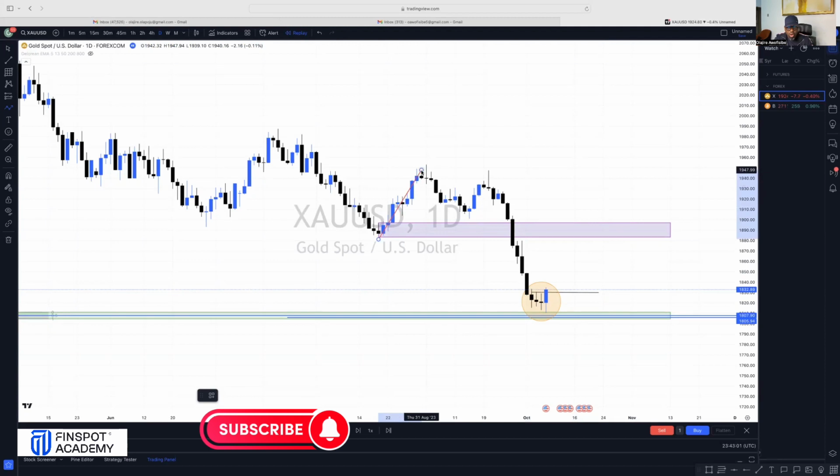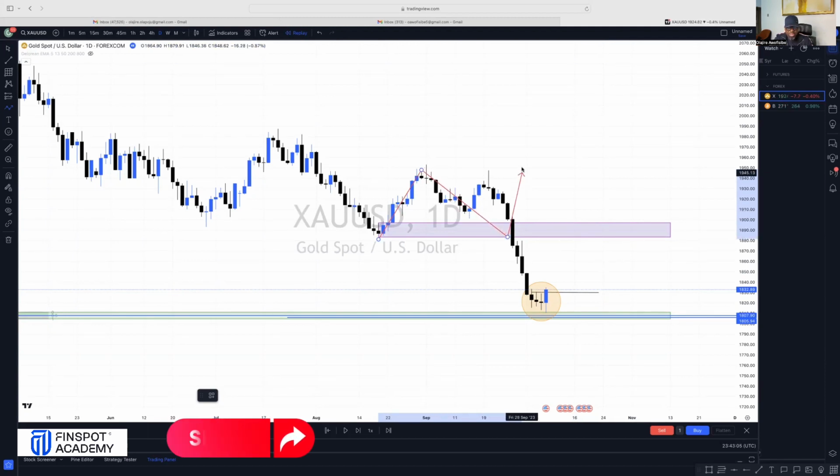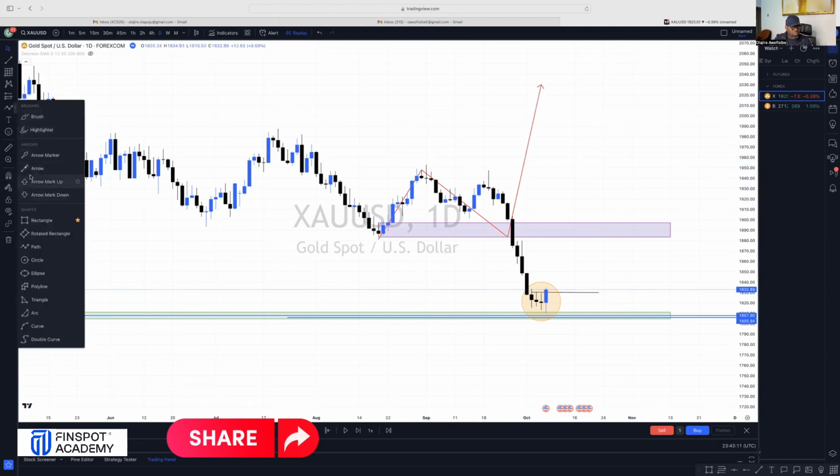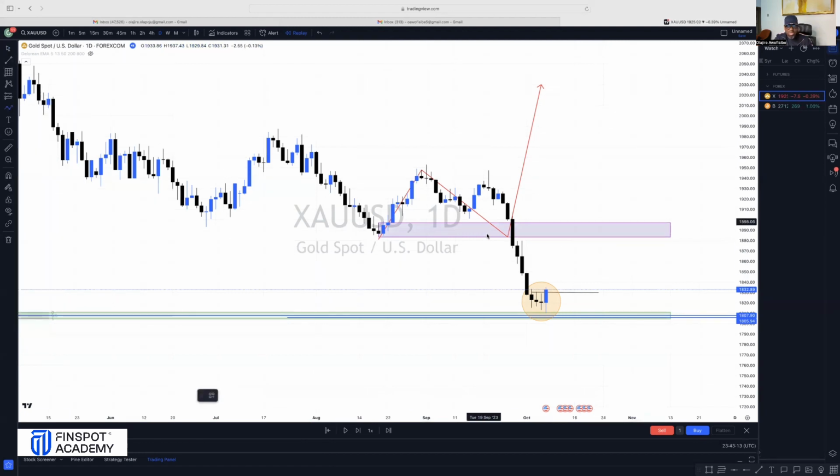After this move up, we expect that price will respect this zone and go up. But what happened? Price actually violated that zone, right? It violated it and came down here. So you would expect that price would come back here, respect it, and then continue to go down.